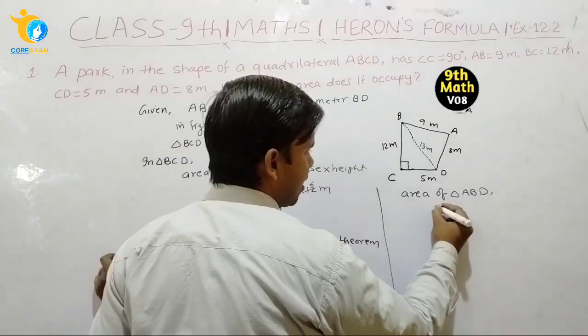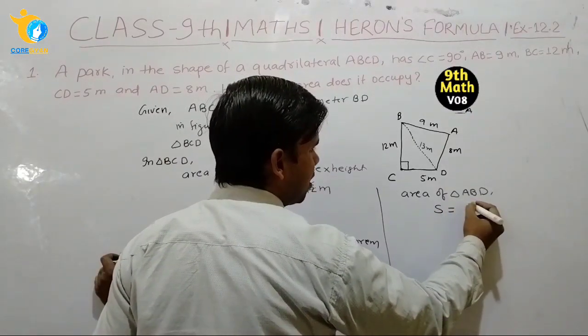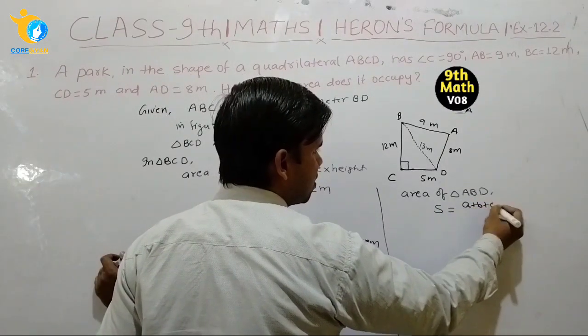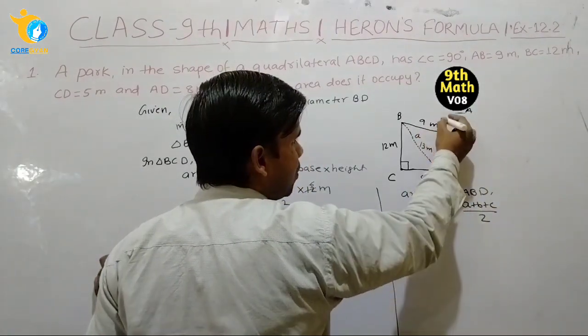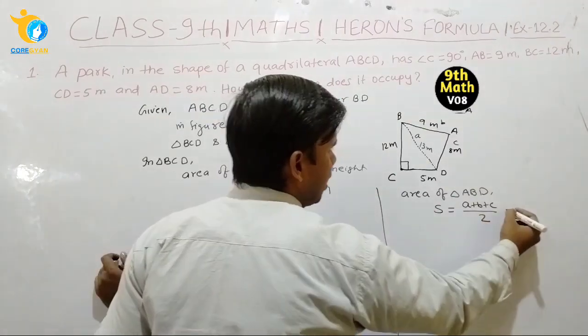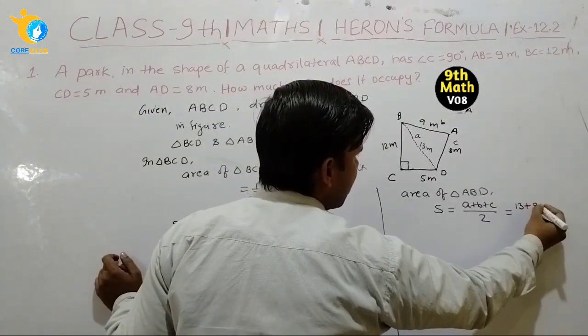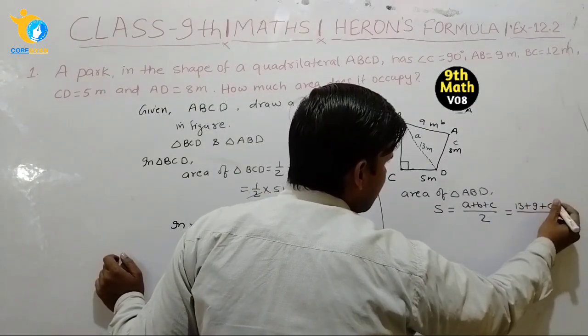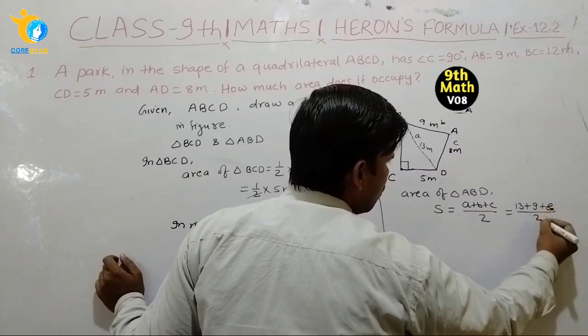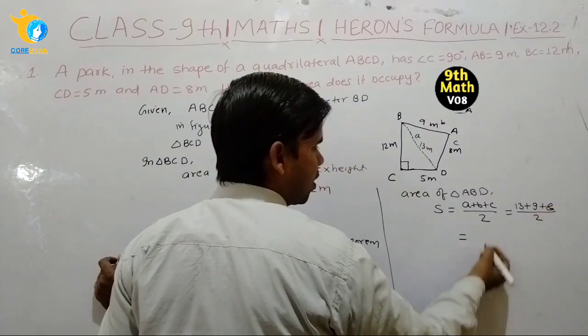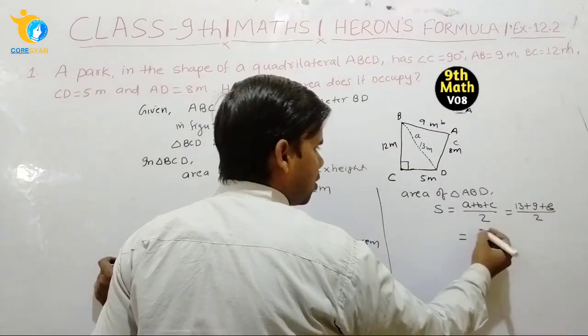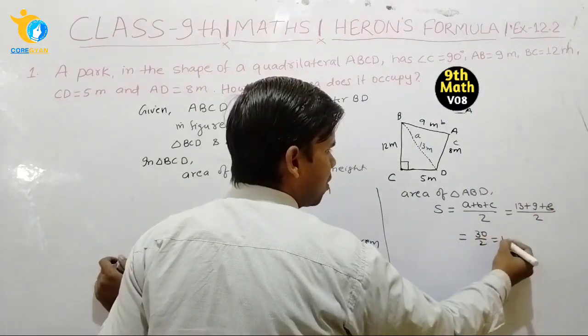According to Heron's formula, firstly we have to find S, the semi perimeter, so (a plus b plus c) upon 2. Assuming the sides a, b and c, it is (13 plus 9 plus 8) upon 2. So 13 plus 9 is 22, plus 8 is 30, upon 2 is 15.